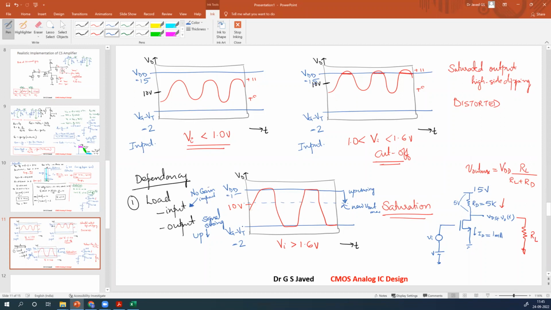But what happens when you load the output? Your gain reduces, right? Because now your RL is in parallel. You will have R0, parallel with RD, parallel with RL. You'll have three elements in parallel. And you will know that GM times R0 parallel RD parallel RL is going to be always less than GM times R0 parallel RD.